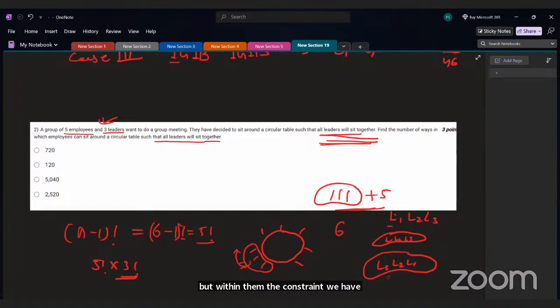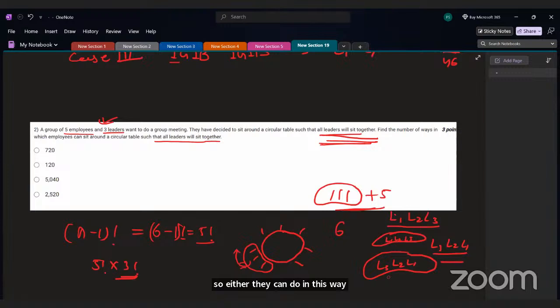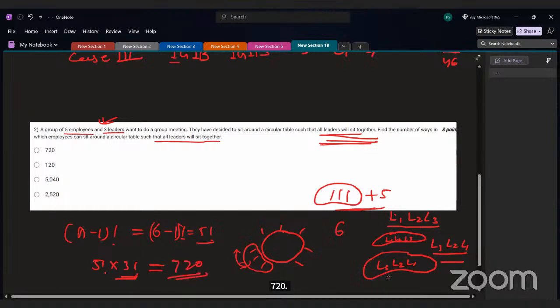So either they can do it this way or this way. In total, there will be internal arrangement between them. That's why we are multiplying 3 factorial to it. And in total, this calculation will get us 720. We will get 720 as our answer. That's the first option. Okay.